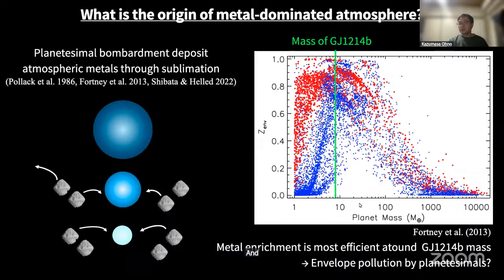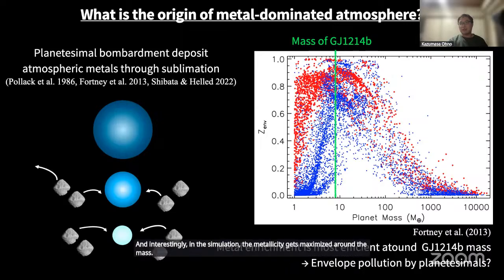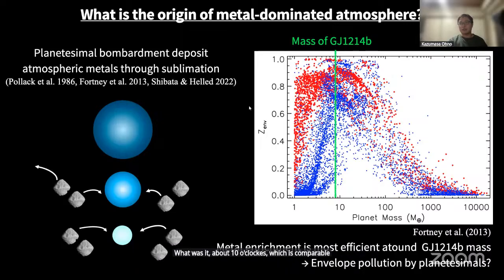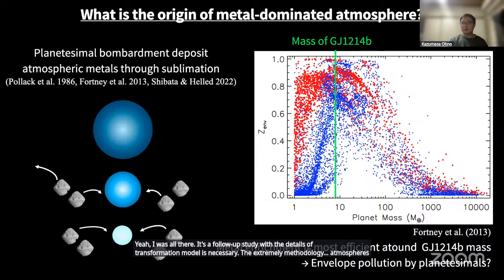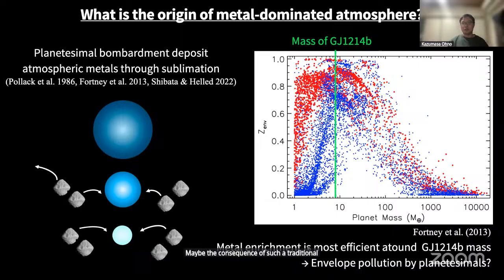And this figure shows the population synthesis taken from Fortney 2013, showing how the envelope metallicity may depend on the planetary mass. Interestingly, in their simulations, the metallicity gets maximized around a mass of about 10 Earth masses, which is comparable to GJ1214b. Although a follow-up study with a detailed planet formation model is necessary, the extremely metal-rich atmosphere on GJ1214b may be the consequence of such planetesimal bombardment during the atmospheric formation.